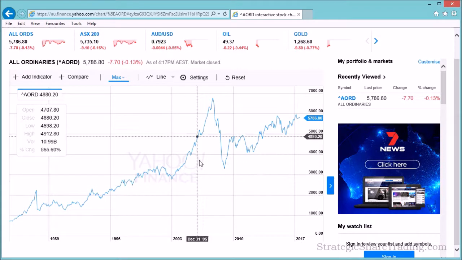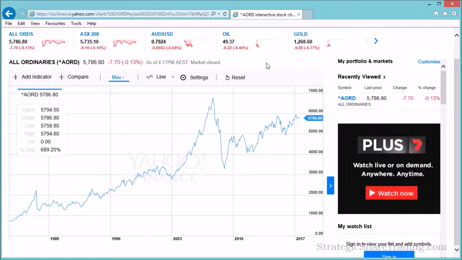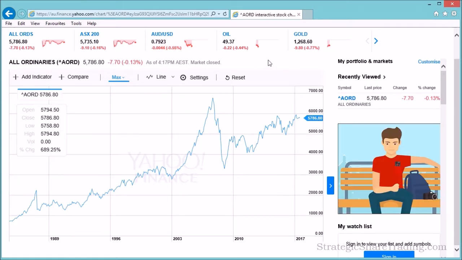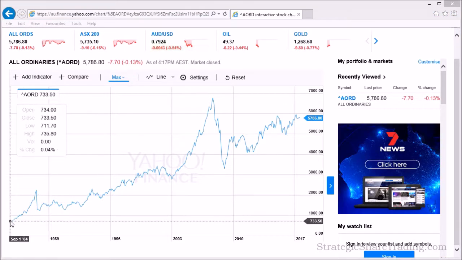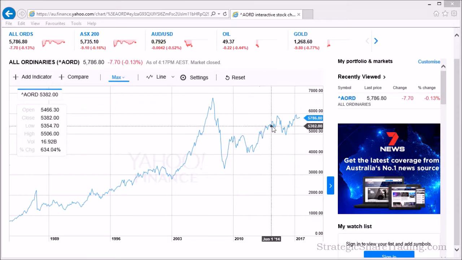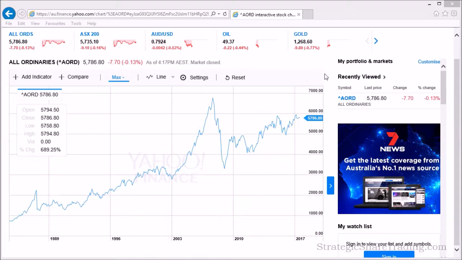Now what's the first thing we notice about this chart, which remember is giving an indication of the performance of the market as a whole? Well, the first thing we see is that it's going up overall, right? It starts about 700 points, and at the moment we're at 5,786.8.